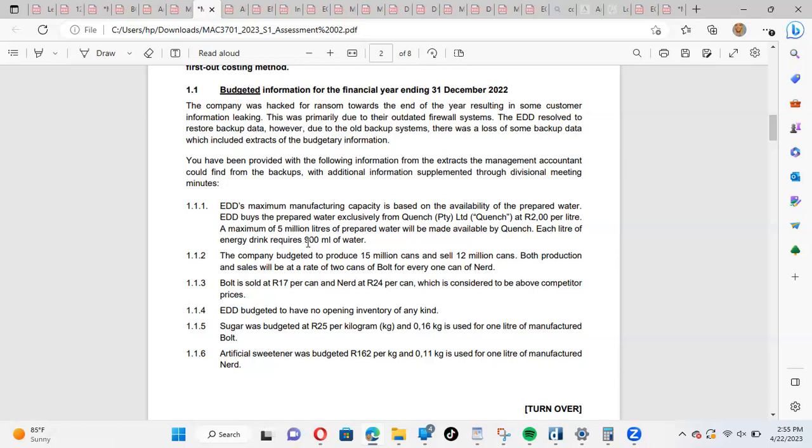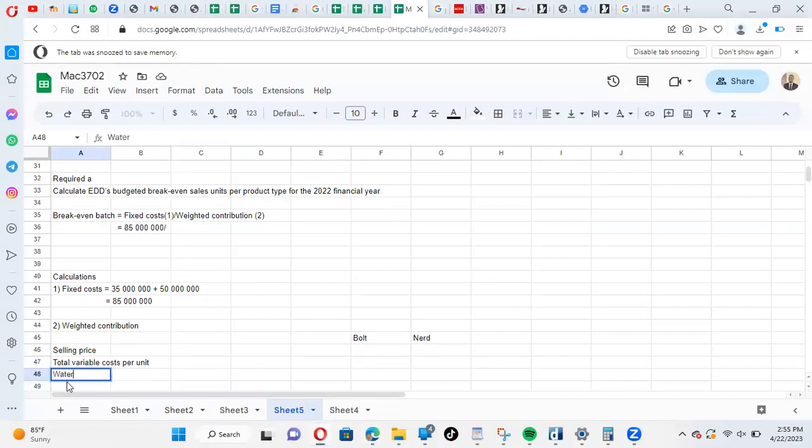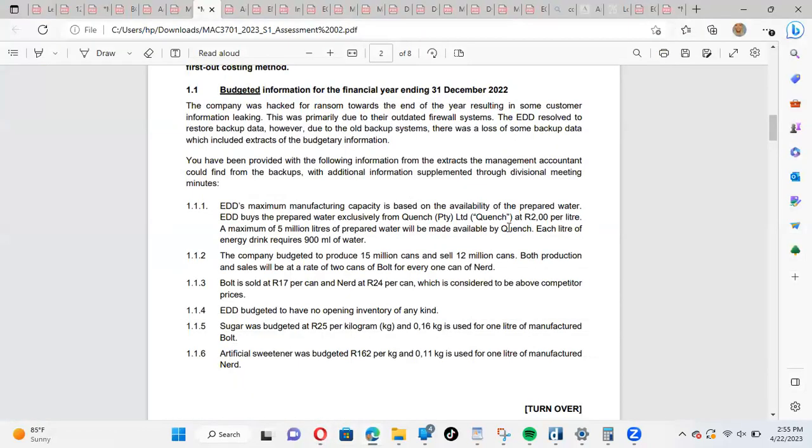Let's work it out now. Starting off with our water, since it appears first there. We are buying this water. So how much are we buying this water for? Let's assess the statement again. We are buying prepared water at 2 rand per liter. Then we have that maximum. Each liter of energy drink requires 900 mils of water.